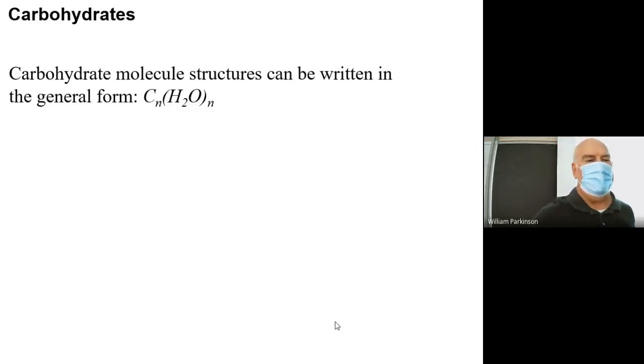And to this day, anything that is a carbohydrate has the general formula CnH2nOn. So a carbohydrate can be made from 6 carbons and 6 water units. A carbohydrate can be made from 12 carbons and 12 water units, and so forth.